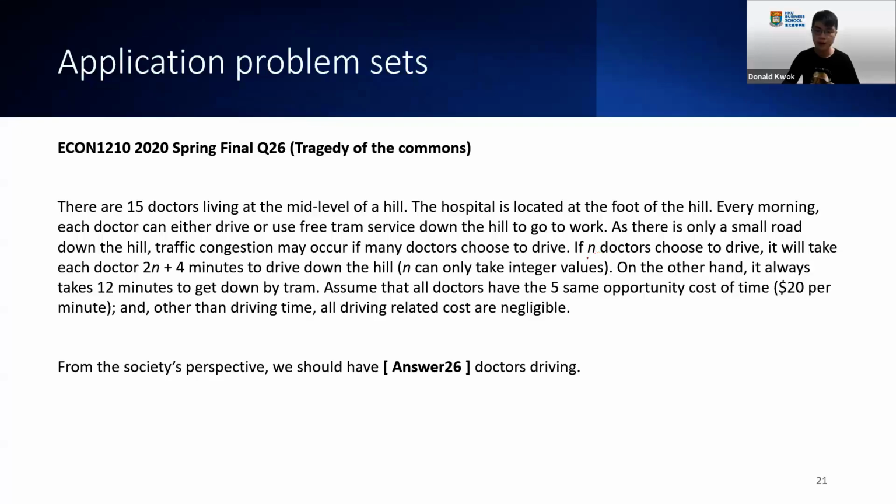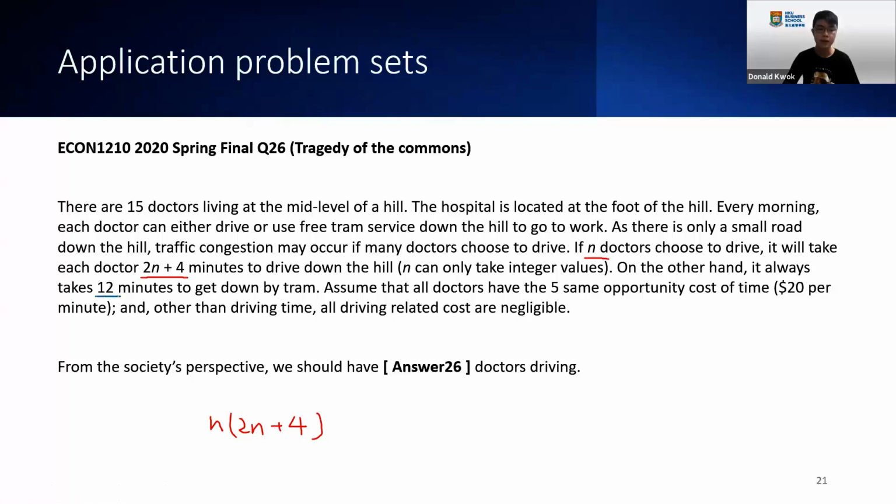If there are n doctors going to drive, it will take each doctor 2n plus 4 minutes to drive, right? So the total time cost of these n driving doctors will be n multiplied by 2n plus 4. How about the remaining doctors who will go down the hill by the tram? It takes 12 minutes, right?